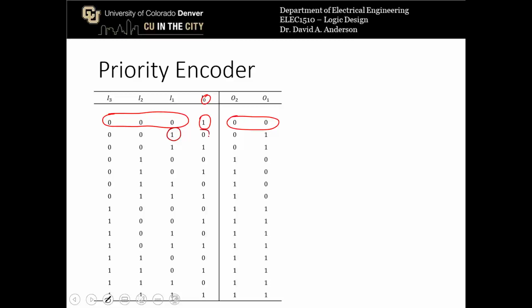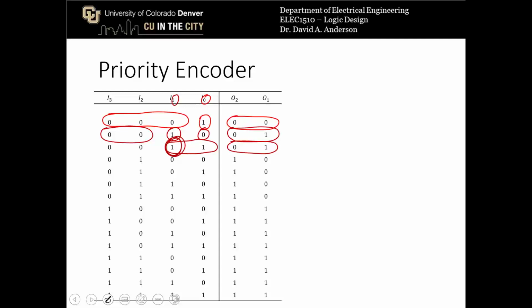There's no priority level 0 input and no priority level 2 or 3 inputs. Well, number 1 has occurred, so we're going to report out the number 1 at the outputs. Now, if both priority levels 1 and 0 have arrived, we're still going to report out the highest one that's arrived, so that's number 1.